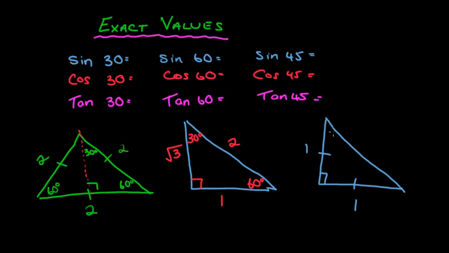Now, if that's an isosceles right angled triangle, then these two angles here must be equal, so they both have to be 45 degrees, and that's where the 45s come from. Using Pythagoras again, we've got 1 squared plus 1 squared, that's 1 plus 1 is 2, and square root it, so root 2 is my answer using Pythagoras' theorem.